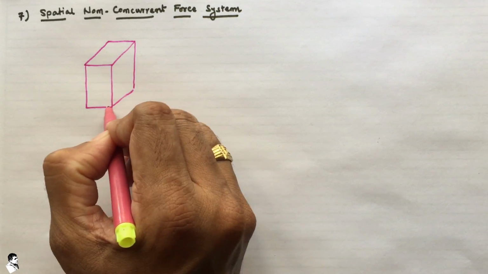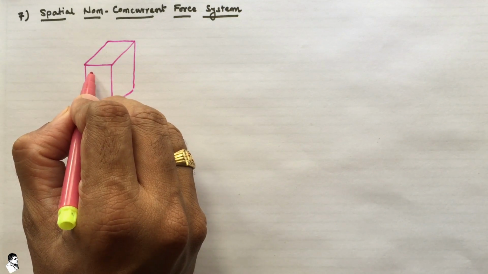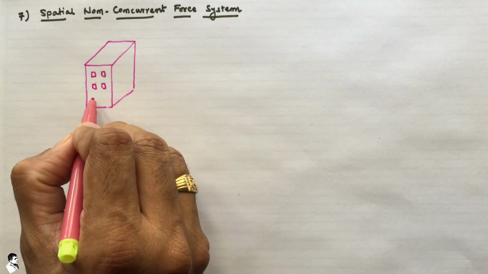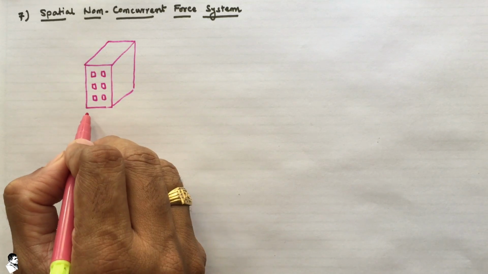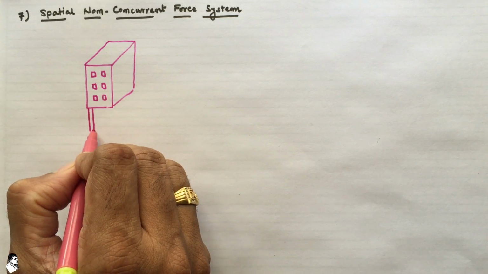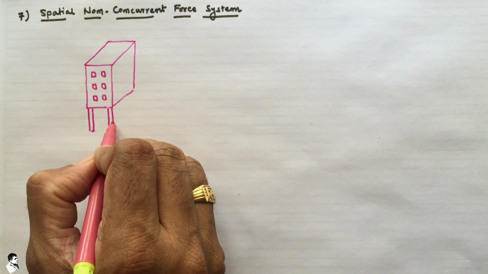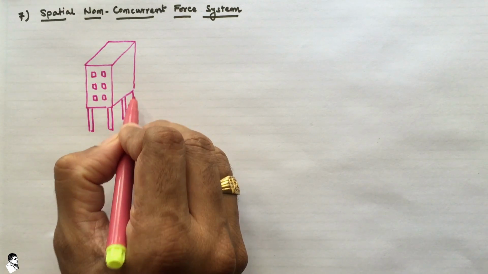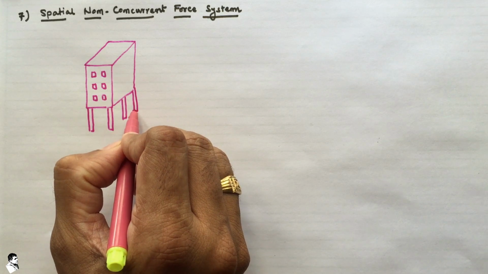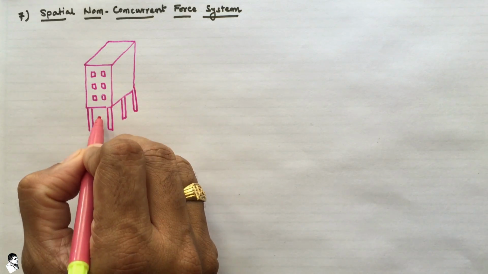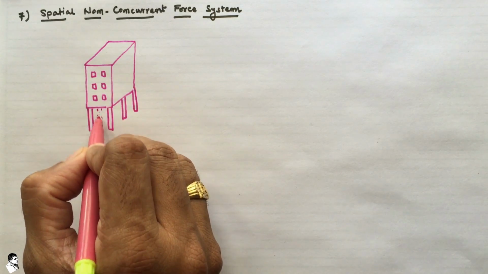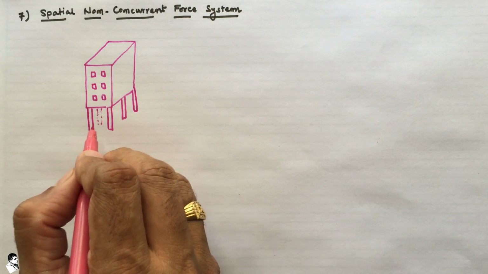So if we take an example of any building, and out of that if we take a number of columns below that particular building, so those columns are basically to transfer the forces that are coming from the above structure of this building.